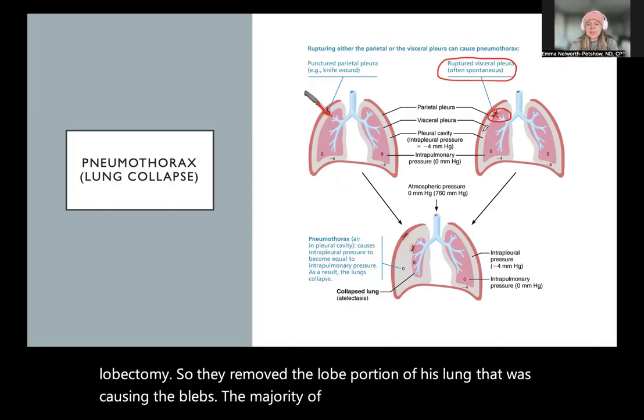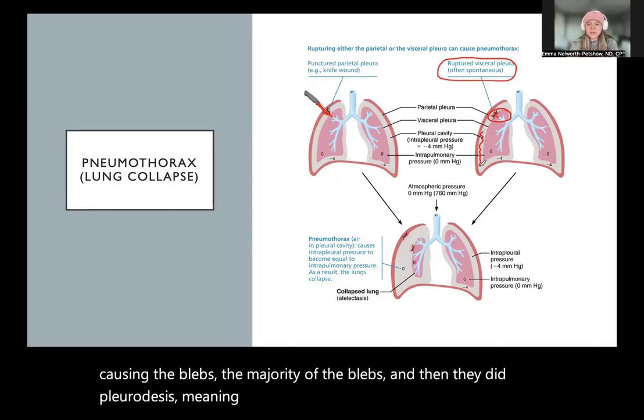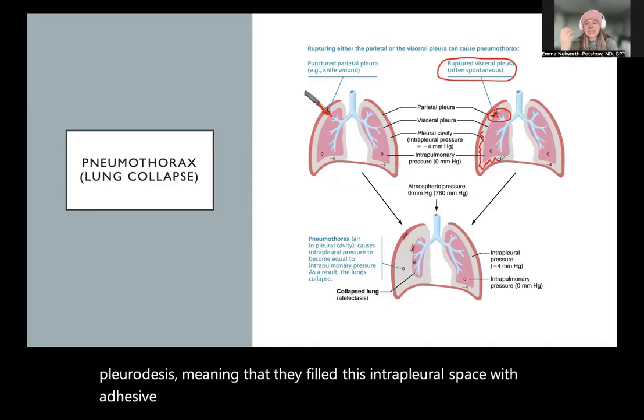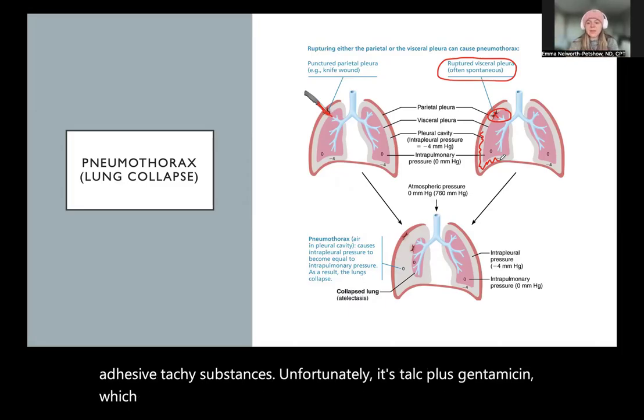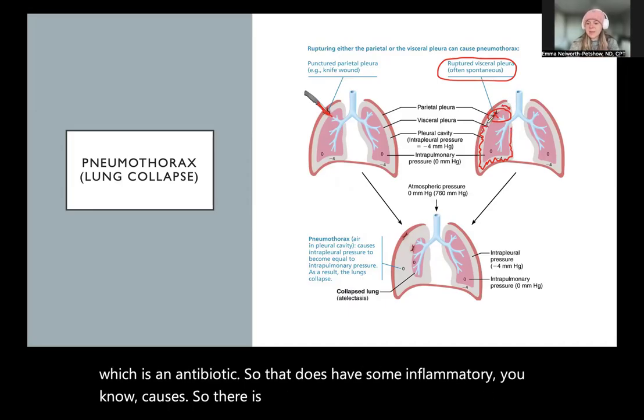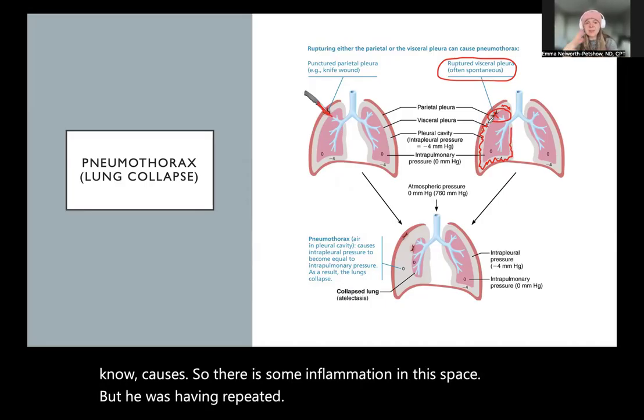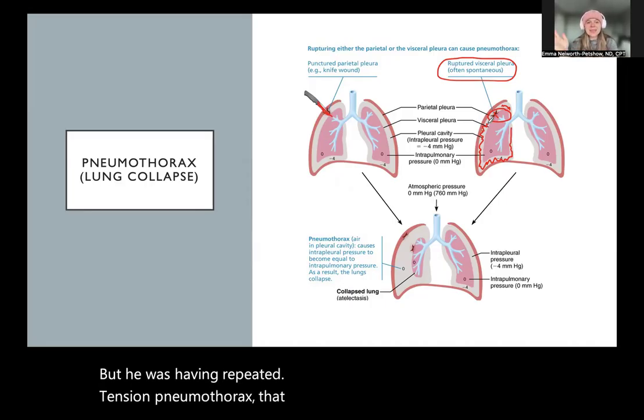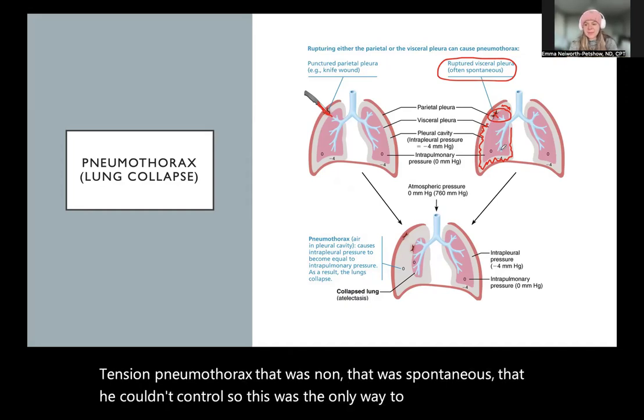Then they did pleurodesis, meaning they filled this intrapleural space with adhesive, tacky substances, talc plus gentamicin, which is an antibiotic. That does cause some inflammation in this space, but he was having repeated spontaneous tension pneumothorax that he couldn't control, so this was the only way to prevent his lung from continually collapsing.